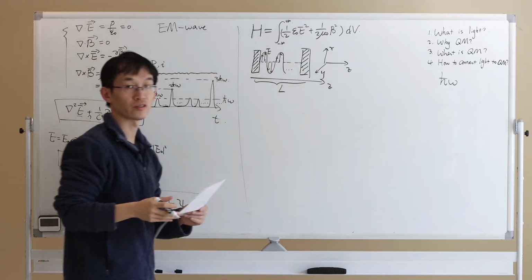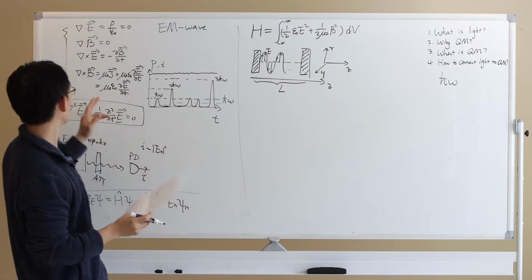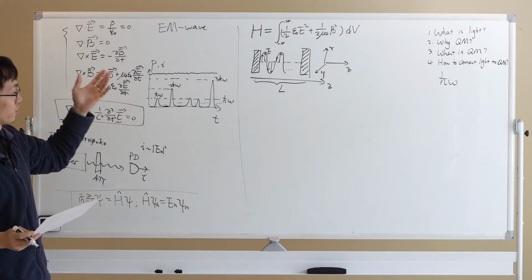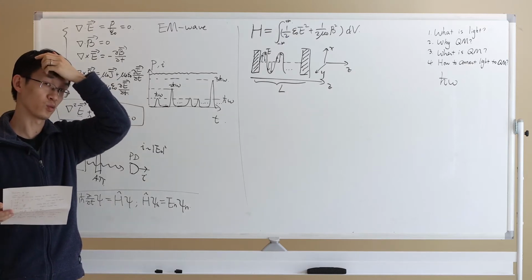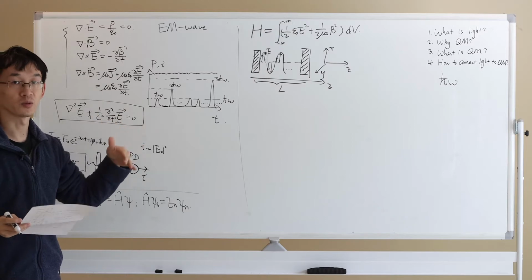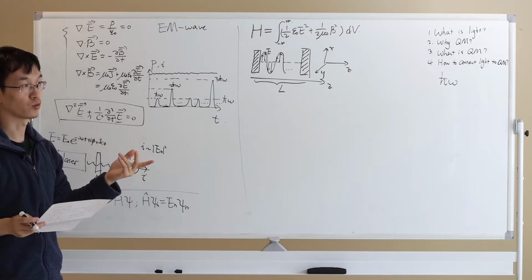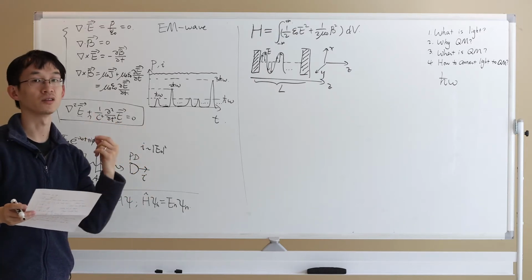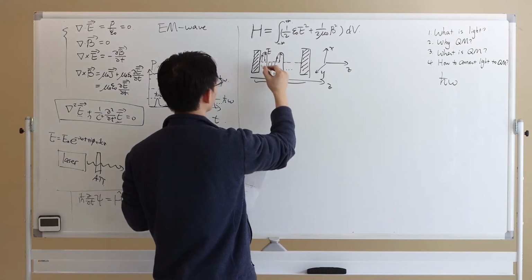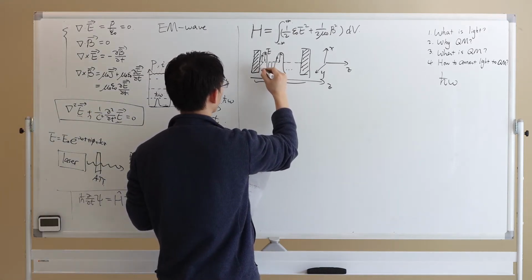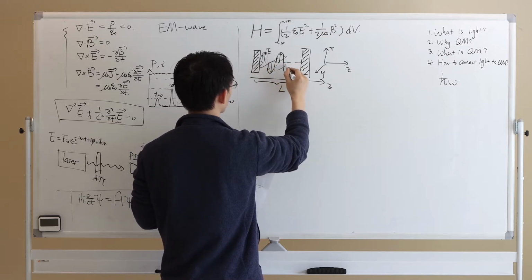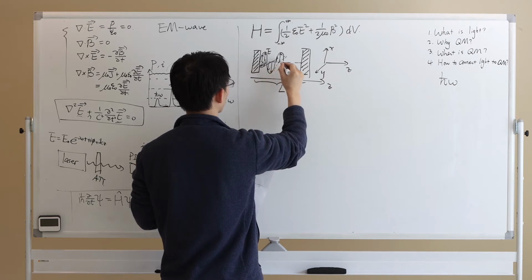By using the Maxwell equations, you will see that if you assume it's a transverse wave, then the magnetic wave is perpendicular to the electric wave, and it's also perpendicular to the direction of propagation, so you can naturally tell that the magnetic wave must be in the y direction.